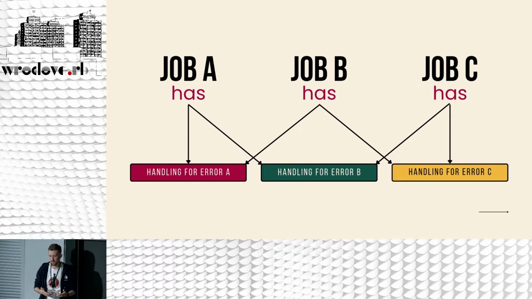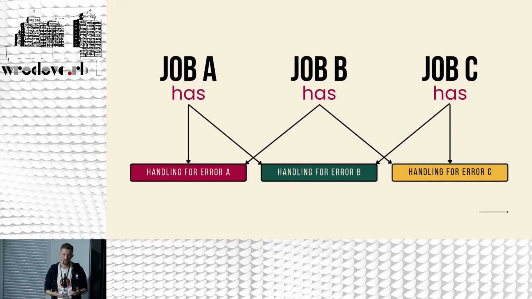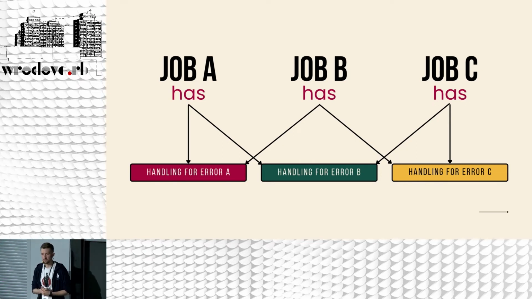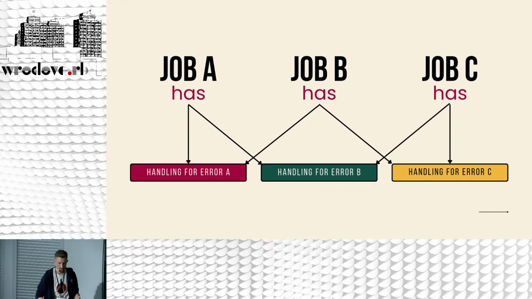For example, job A has handling for error A and error B. Job B has handling for error A and error C. And we also have job C, which shares the handling for error C and error B. Now imagine handling this with inheritance. We'll probably end up with a parent class that is very big, non-testable, and unmaintainable, which is a nightmare.